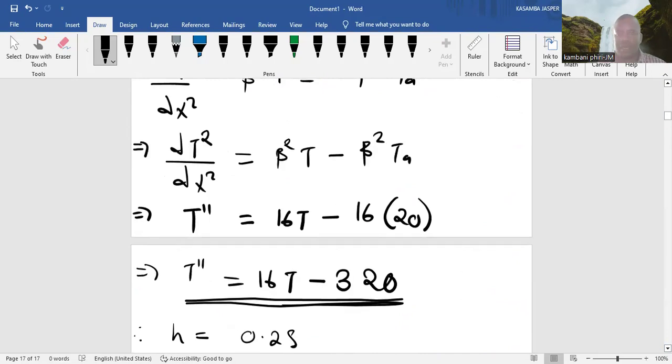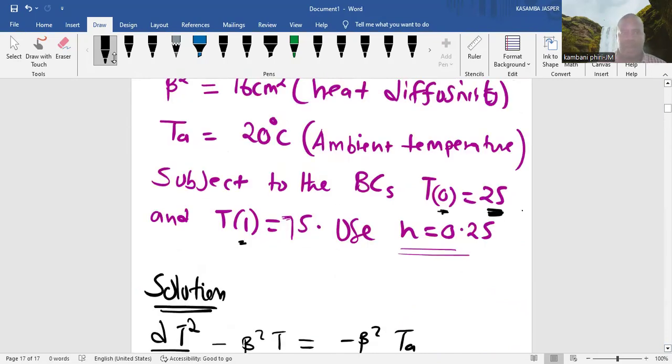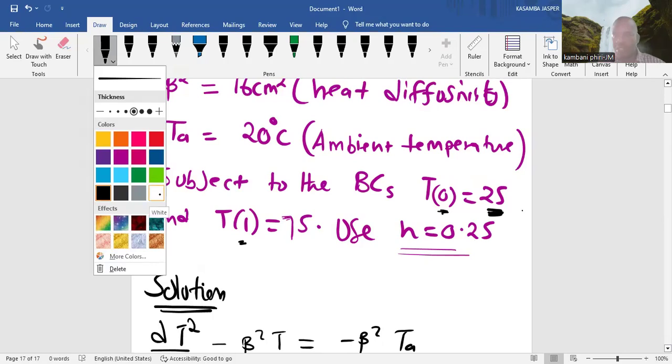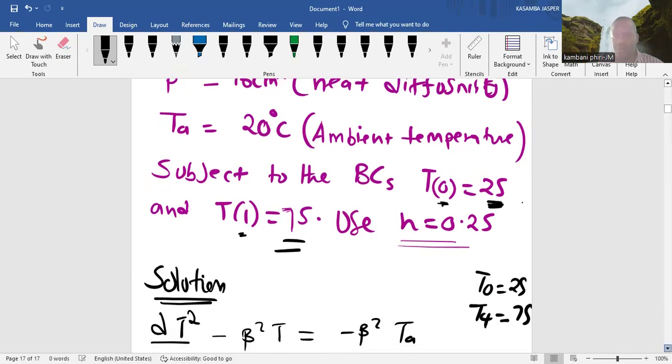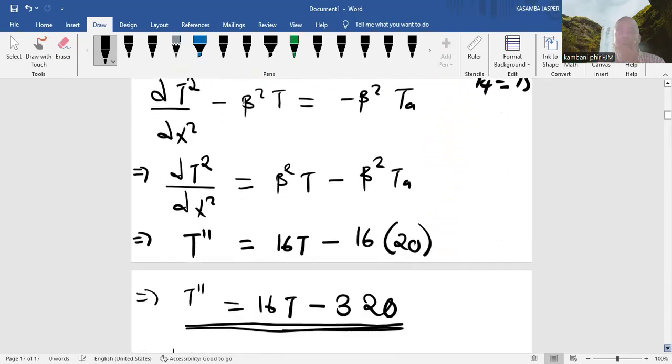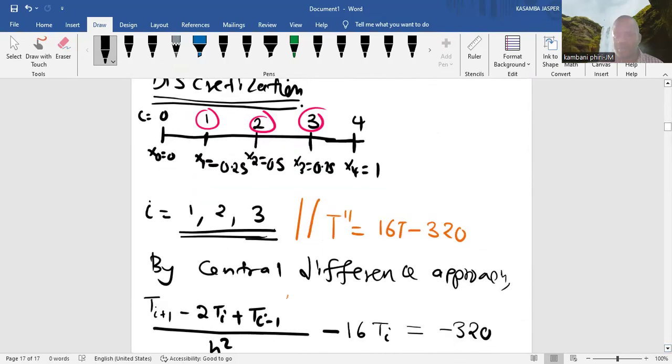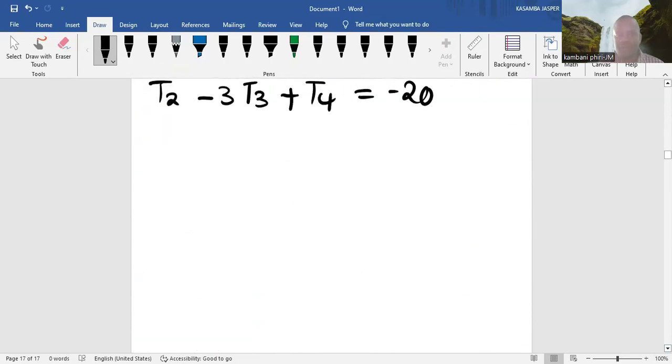If you look at our boundary condition, T0 was for the lower limit, we got 25. But T4 is for the upper limit, and what is the value for the upper limit? 75. So that's what we'll get for T4. So we are going to have T2 minus 3T3 plus 75, and this will give us negative 20.